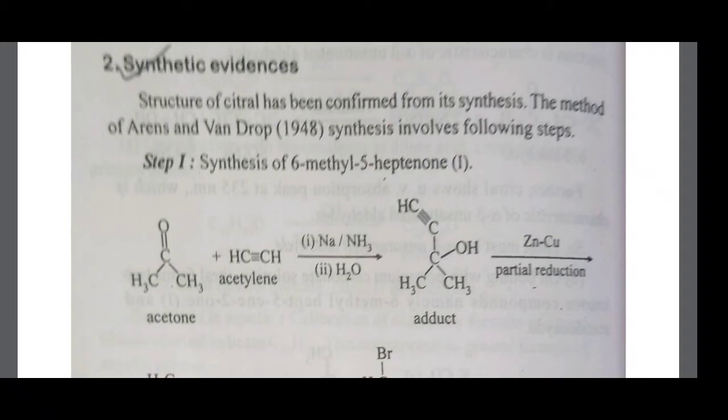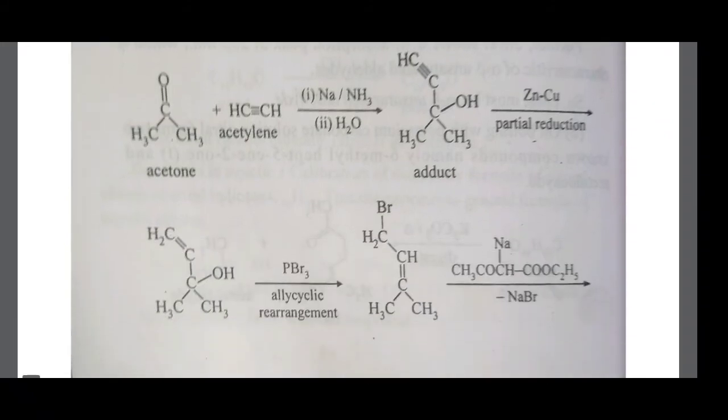After the partial reduction in presence of zinc and copper, we get CH2 double bond C, COH CH3. Then this compound again reacts with PBr3, an allylic rearrangement reaction.